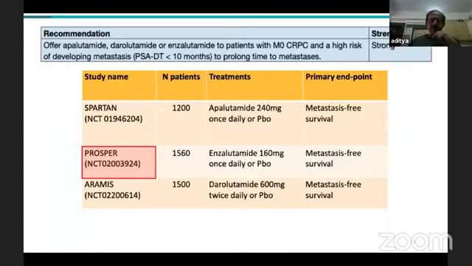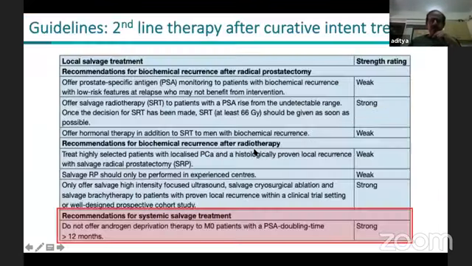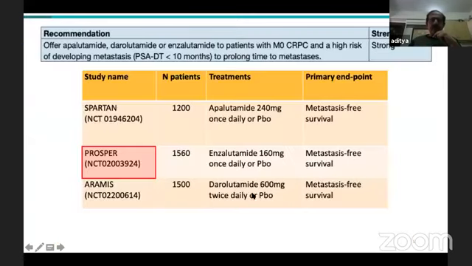However, if the doubling time is short, then it is less than probably 10 months, then yes, you need to start the therapy. So selecting a patient who needs therapy is determined on the speed at which the PSA is progressing. Right. So having now established that this is a patient whose PSA doubling time is less than 10 months, needs treatment, what drugs should I use?